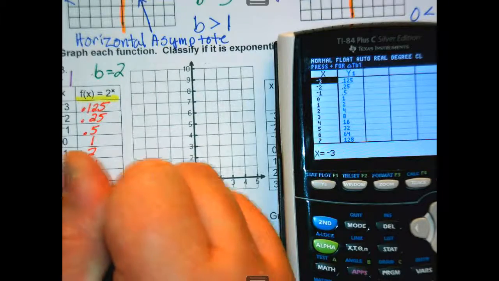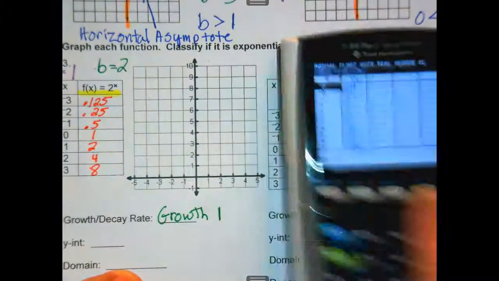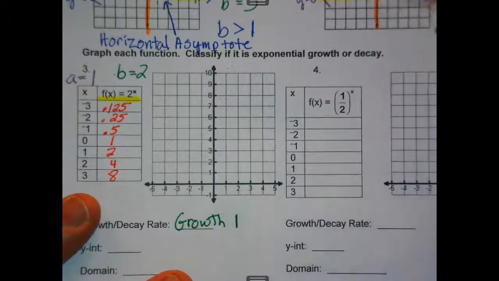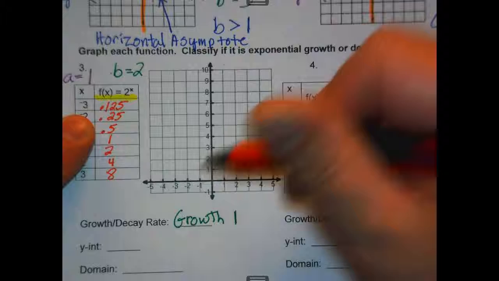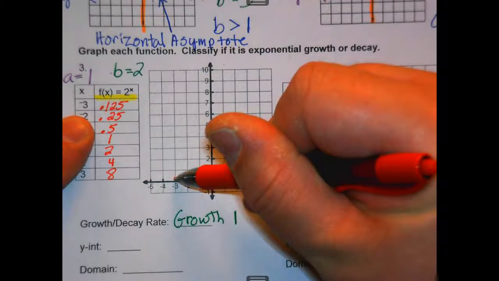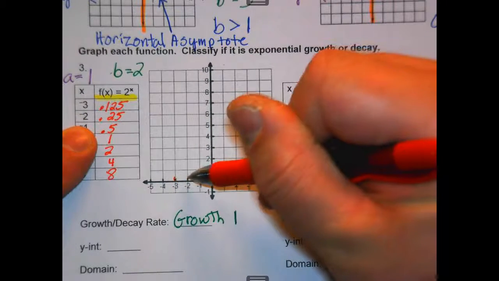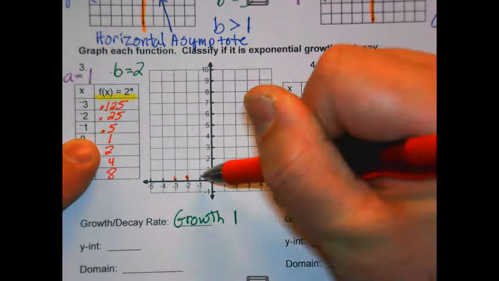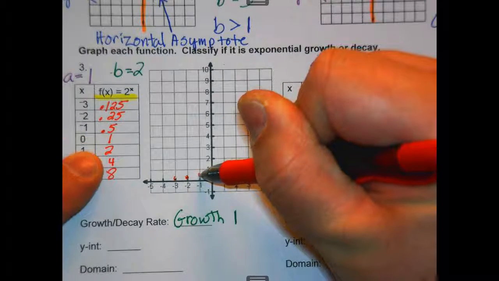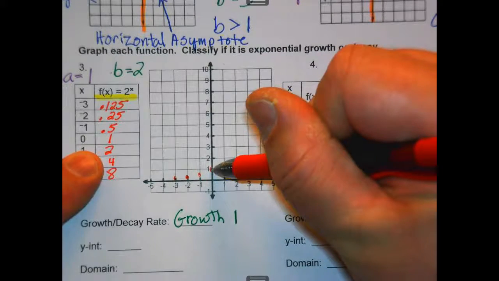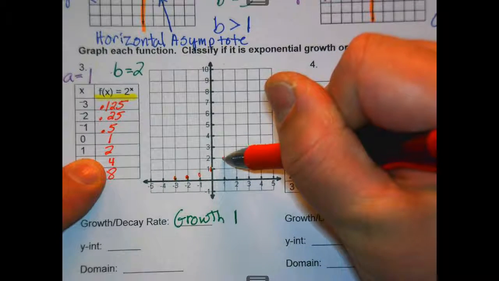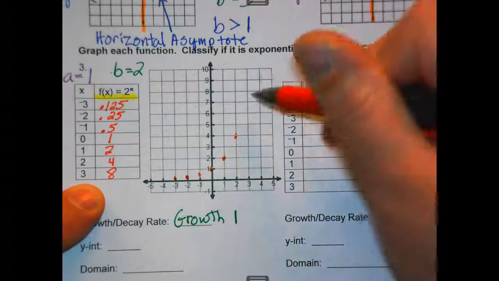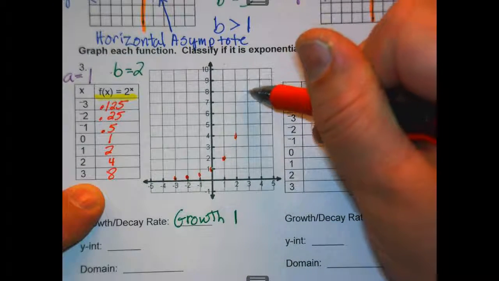Double 4 is 8. Hey, look at that. It's an exponent. All right, -3, 1/8. -2, 1/4. -1, 1/2. 0, 1. 1, 2. 2, 4. And 3, 8.